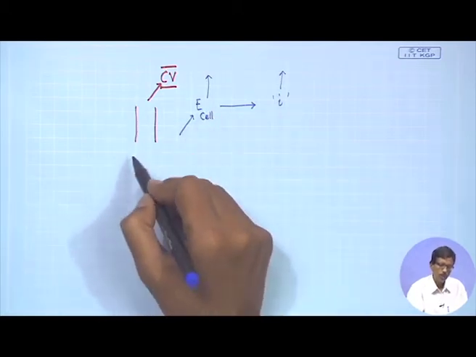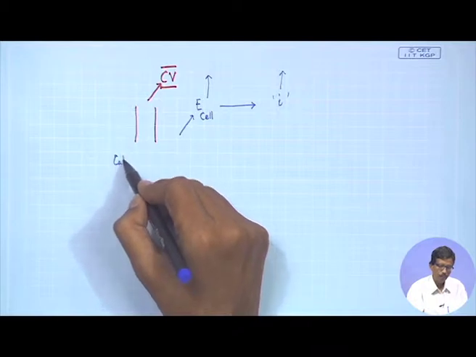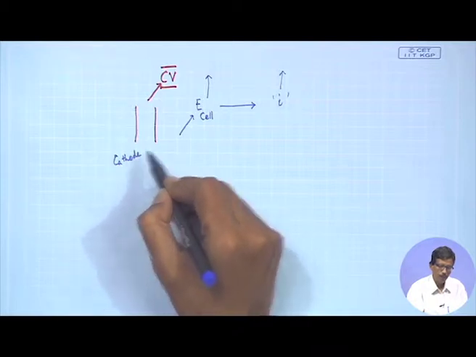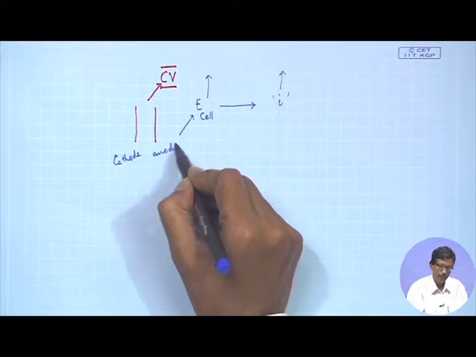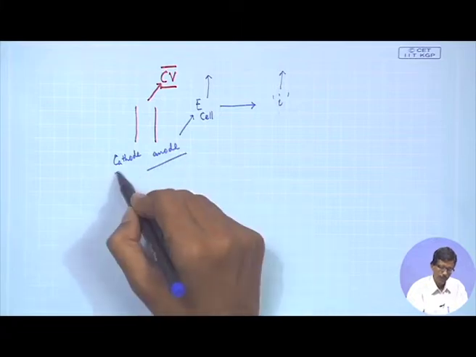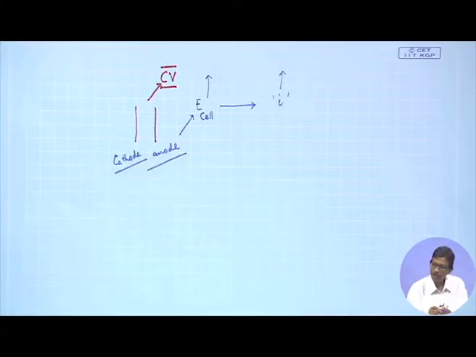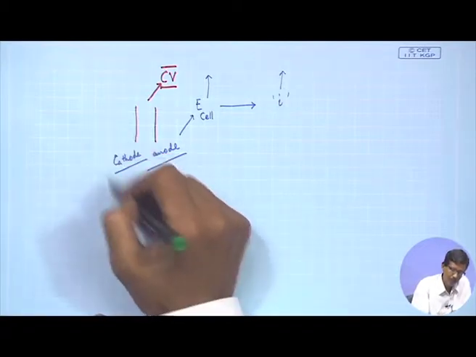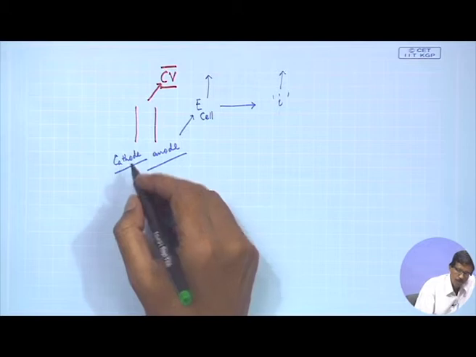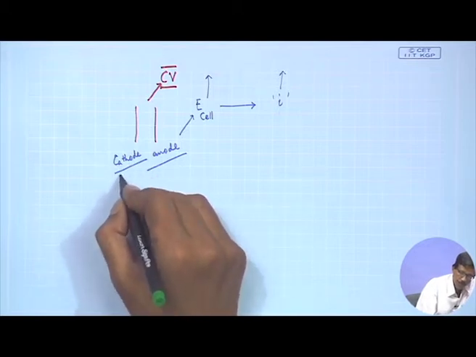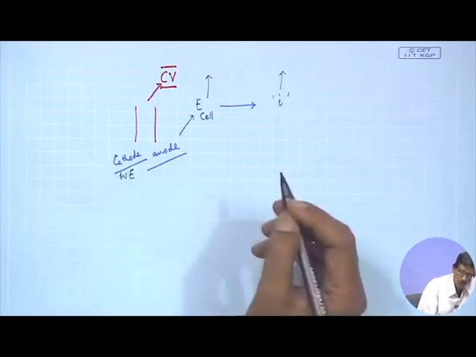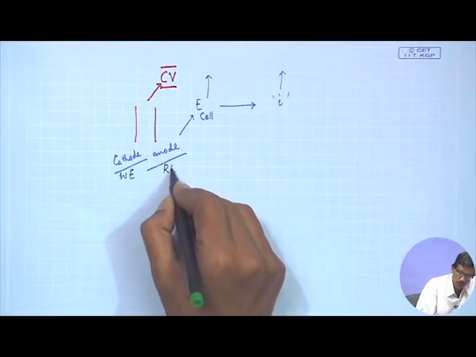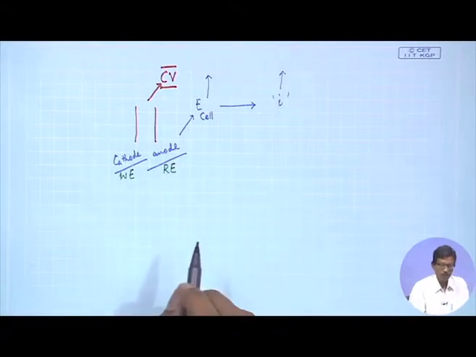So, these two electrodes we have, cathode and anode, and we have a two electrode system within the cell, one of which will be your working electrode and the other your reference electrode.